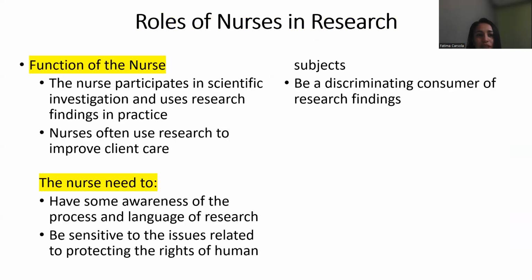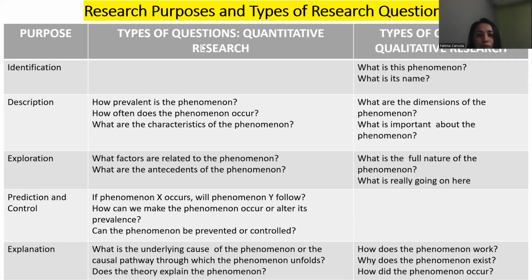Next, we have here the research purposes and the type of research questions. In the next lessons, we will be dealing with the different designs and the purpose of these designs. For the purpose, if it's a quantitative research, it's for identification.